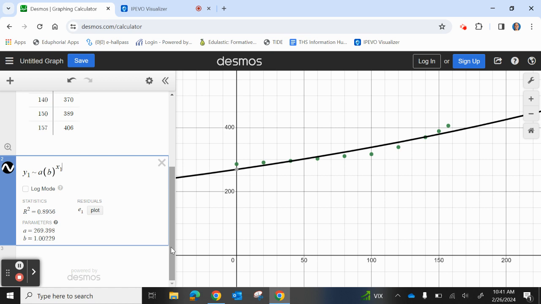So f of x equals, now we're going to have to round to 3 decimal places because we have 1.002.